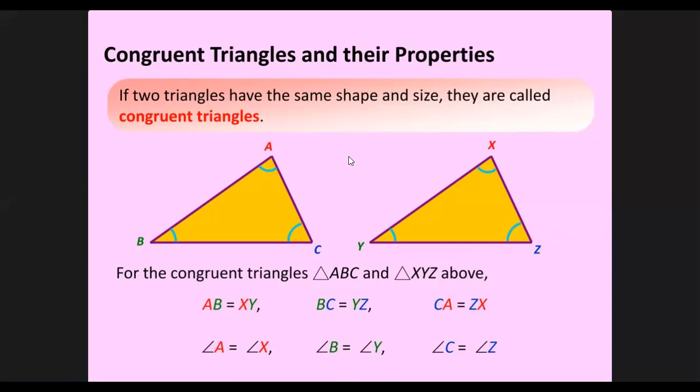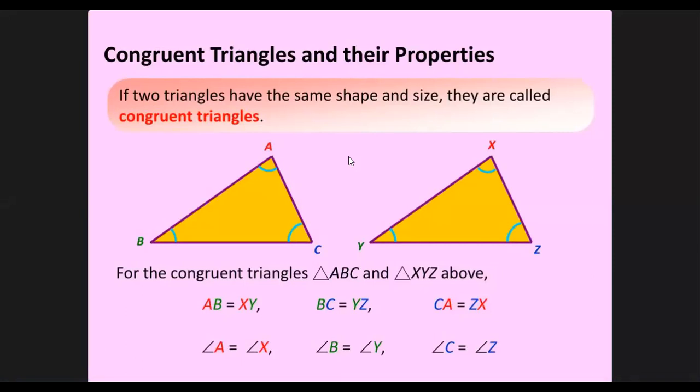Ahmed Magdi, could you please tell me the angles which will be congruent here? Which angles will be congruent when we have two congruent triangles? Miss, I don't understand the question.